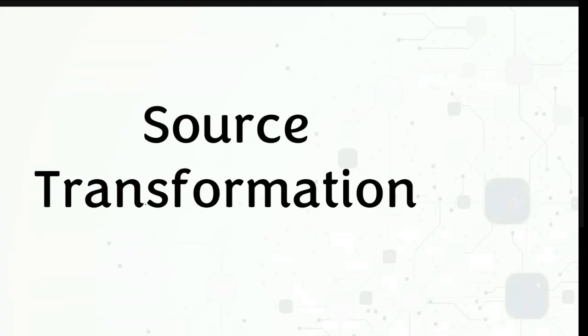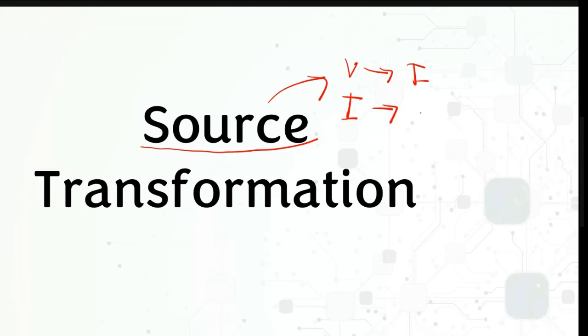Okay, so for the source transformation, like the name lah, source transformations mean like from the voltage source you want to turn it into the current source, or from the current you want to transform it into the voltage lah. So means like for the voltage, usually we have parallel resistor, right?